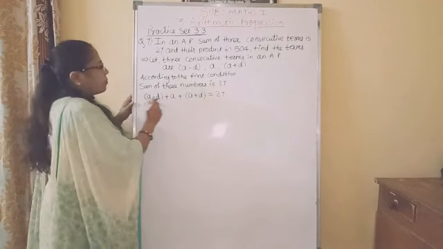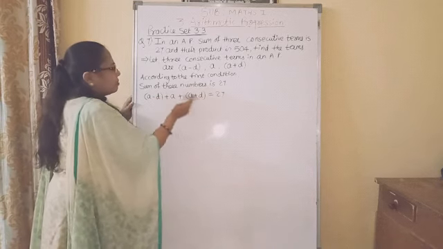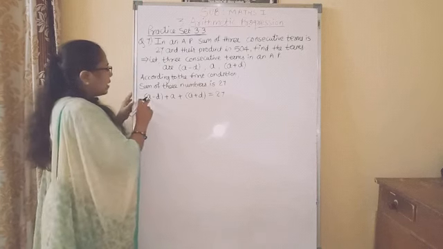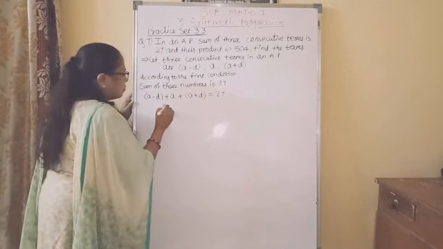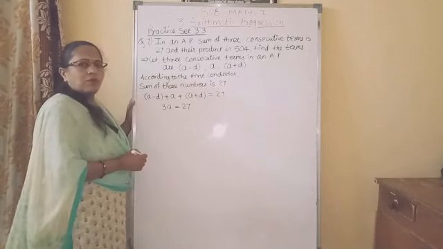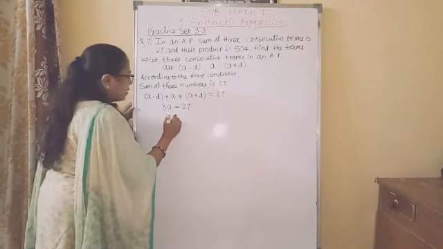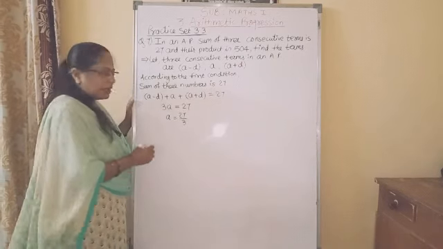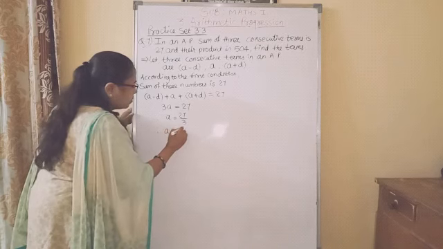Now if you open the bracket, minus D and plus D, like terms having opposite signs, get cancelled and we get A plus A plus A is equal to 3A. 3A is equal to 27. Therefore, A is equal to 27 divided by 3. Therefore, A is equal to 9.